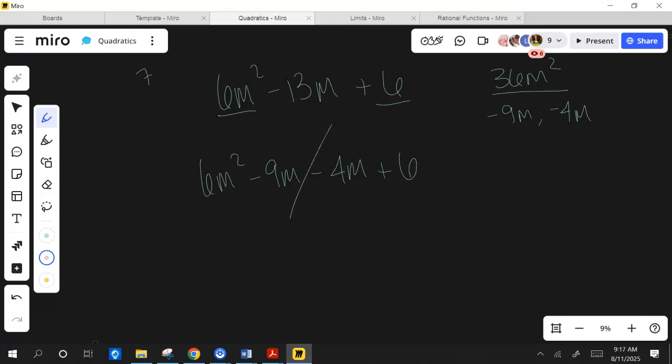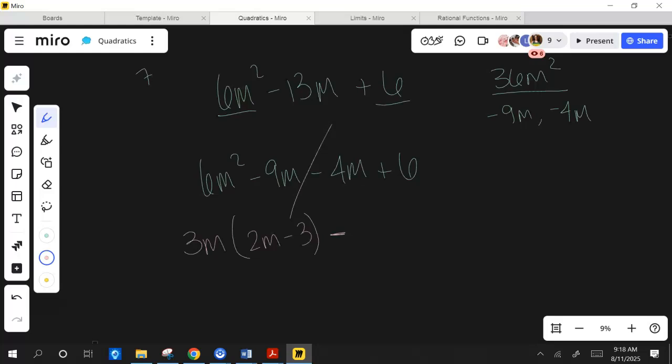All right, what's the GCF of the first two? 3m. What's left? 2m minus 3. The middle sign stays, but uh-oh, that middle sign is a minus, which changes that last sign, right?